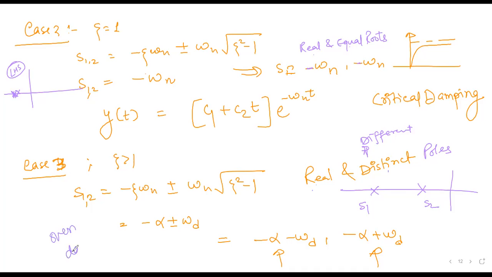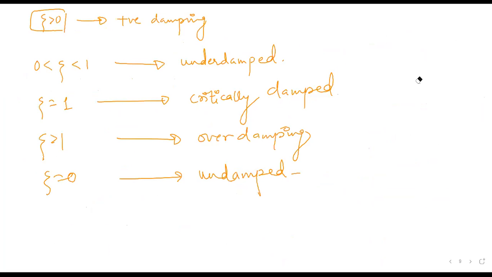Yes, you can write these things. Underdamped means complex roots. Critically damped means real and equal roots.